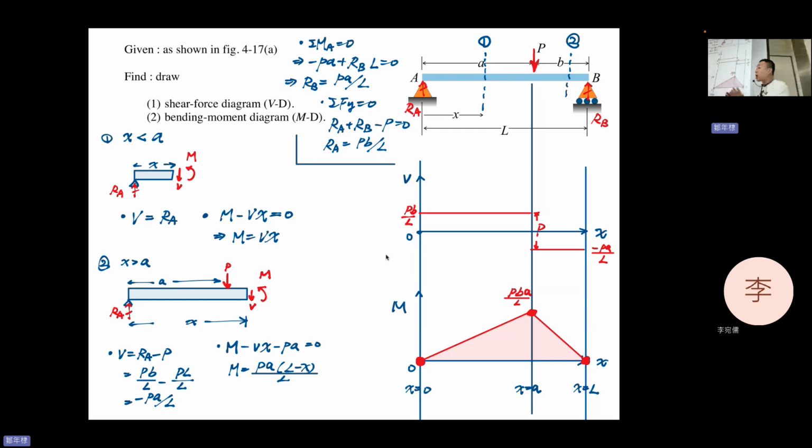Right. And also I want to give you some additional information to help you double check if this is correct. Let's take a look. Did you notice that the beginning point and the end point, they are all 0? Do you think this is reasonable?